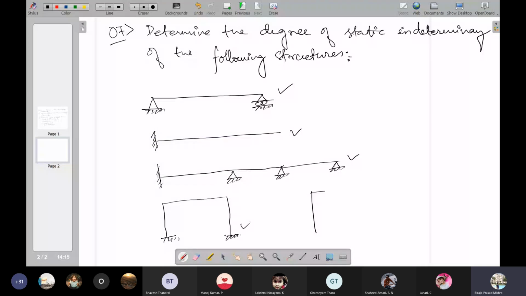Here we have one external force, let us say it is M. This is A, this is B, this is C. Similarly, the other structures can be like this.